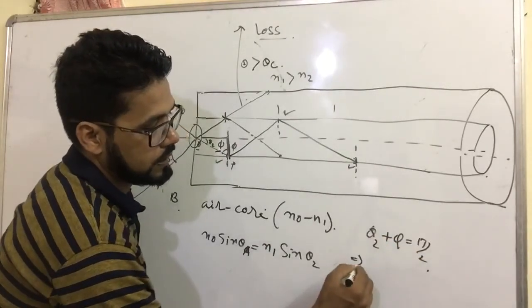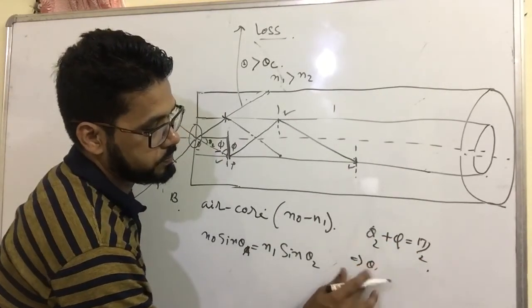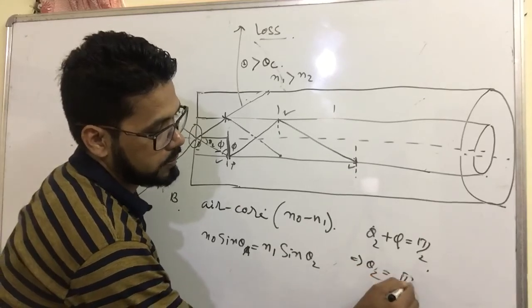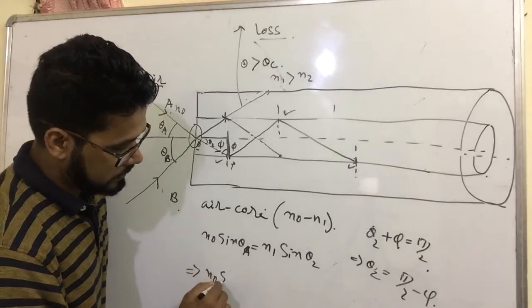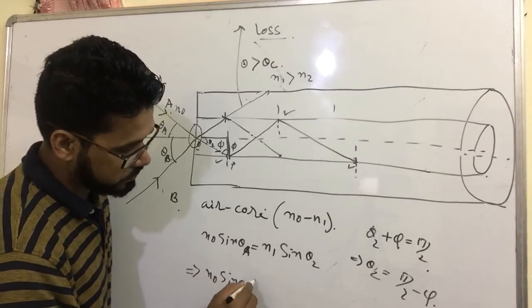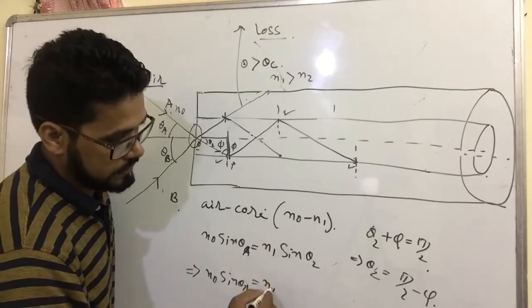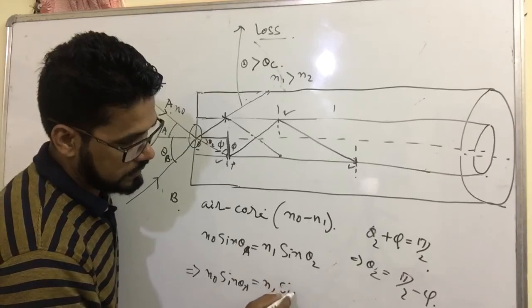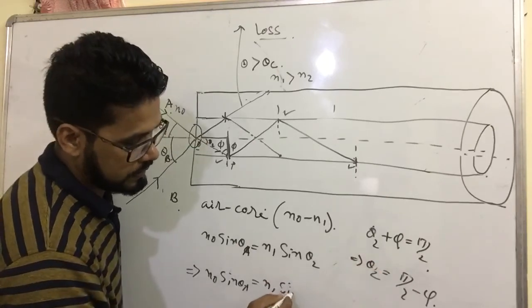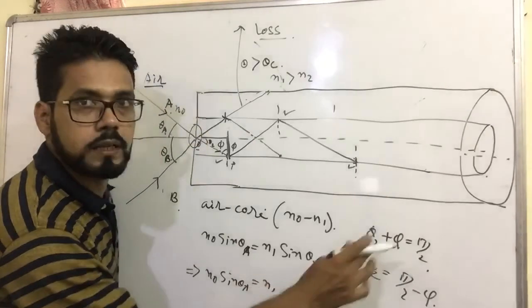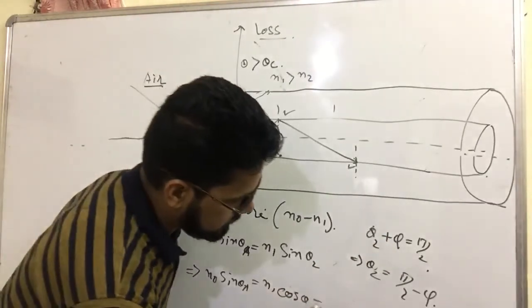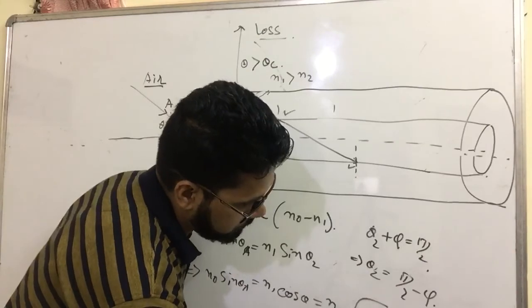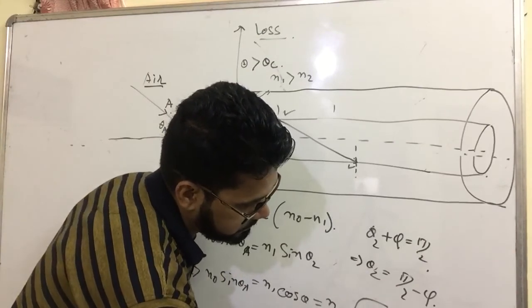What is the value of theta 2? Theta 2 equals pi by 2 minus phi. So I can write N0 sin theta A equals N1 sin of pi by 2 minus phi, which means cos phi. Cos phi you can represent as N1 under root of 1 minus sin square phi.